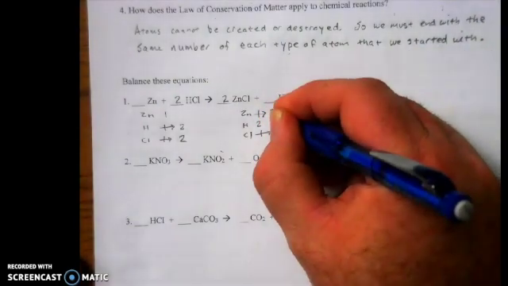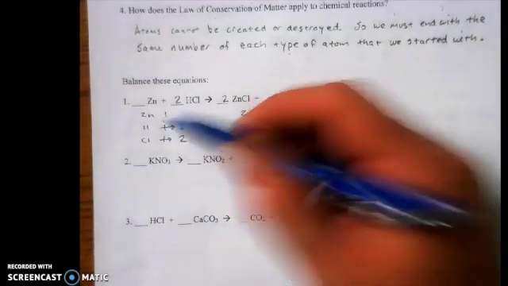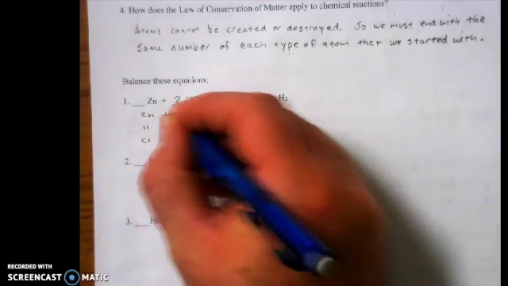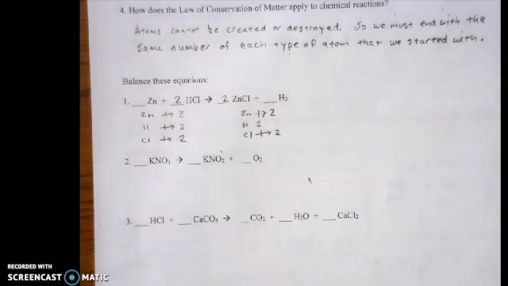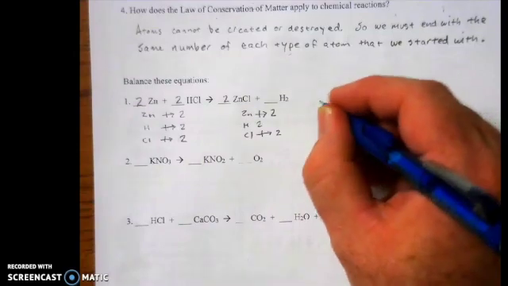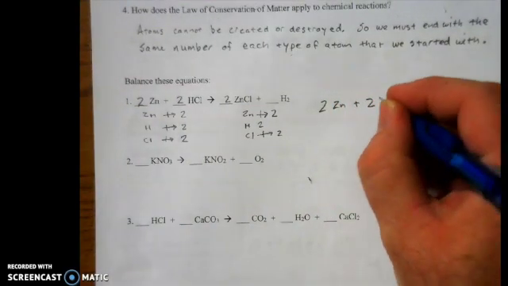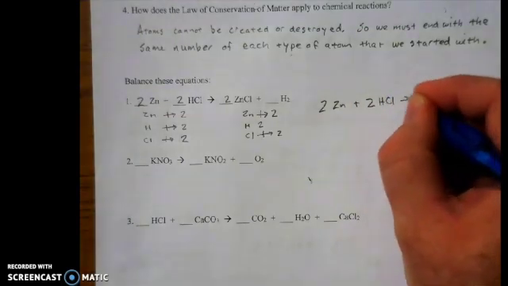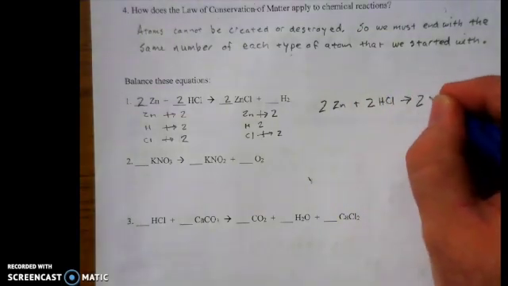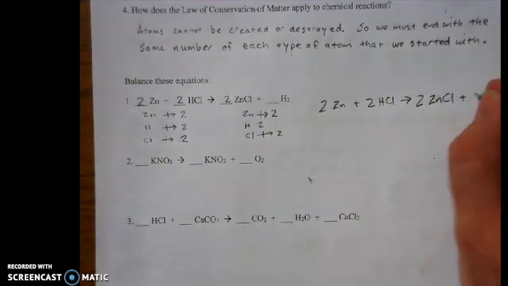So we've got 2 zincs now, and we need to have 2 zincs on this side. In order to get 2 zinc on that side, we need to add a coefficient of 2. And now we're good to go. Our final equation, 2 zinc plus 2 hydrochloric acid will lead to 2 ZnCl2 plus an H2.